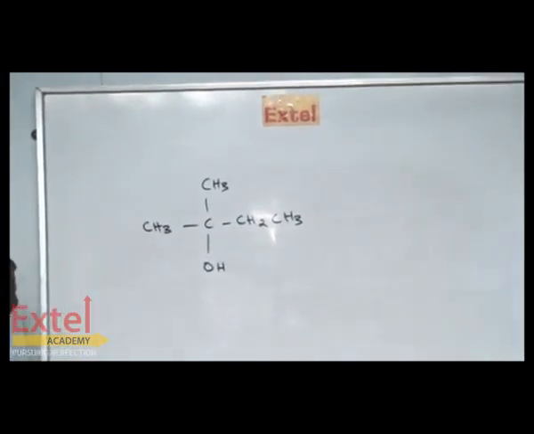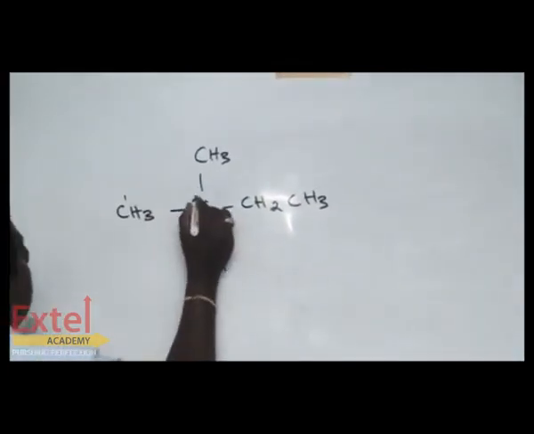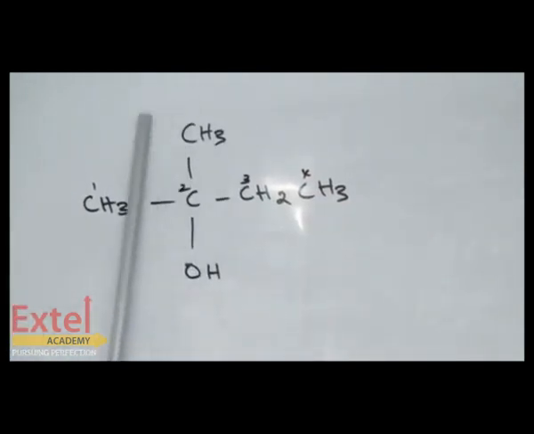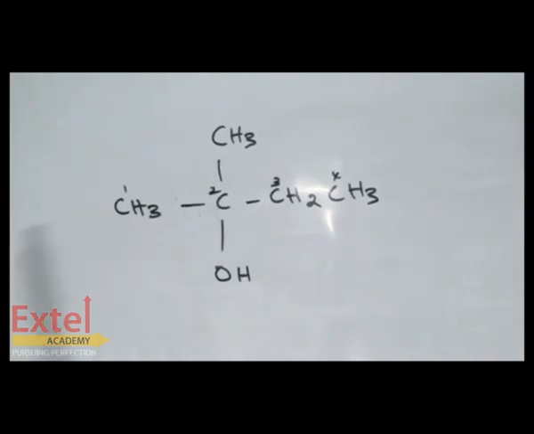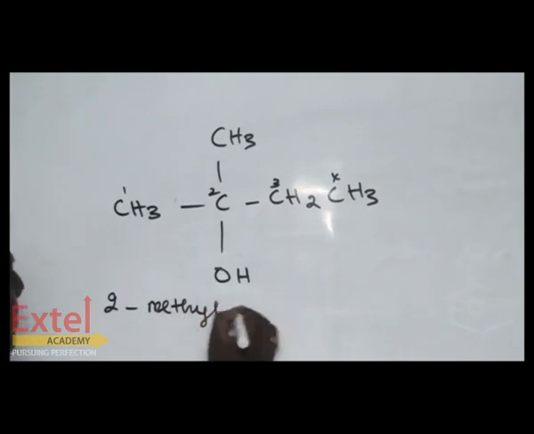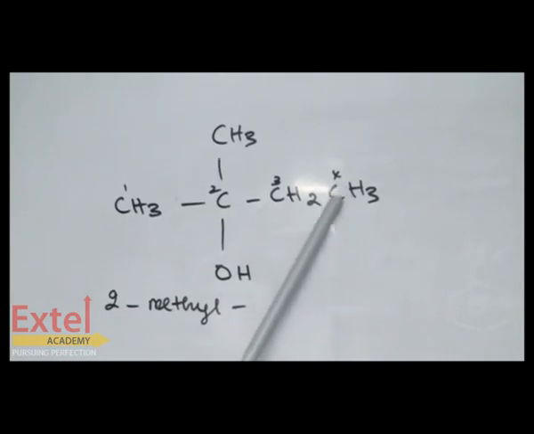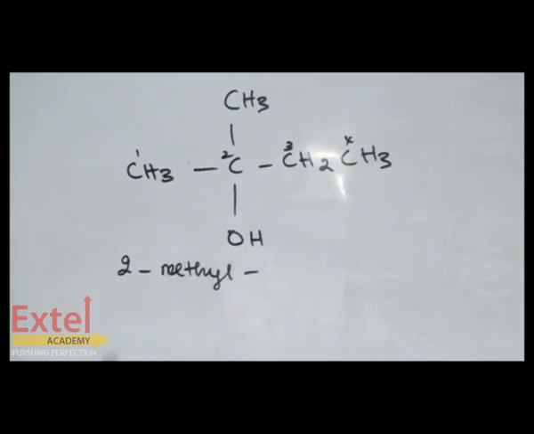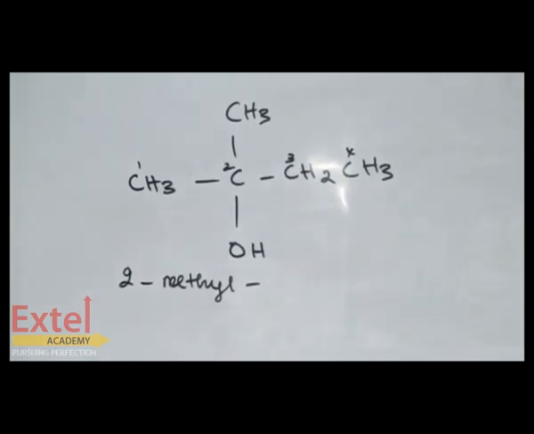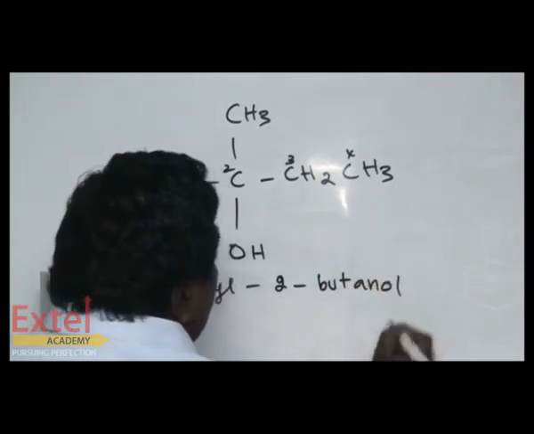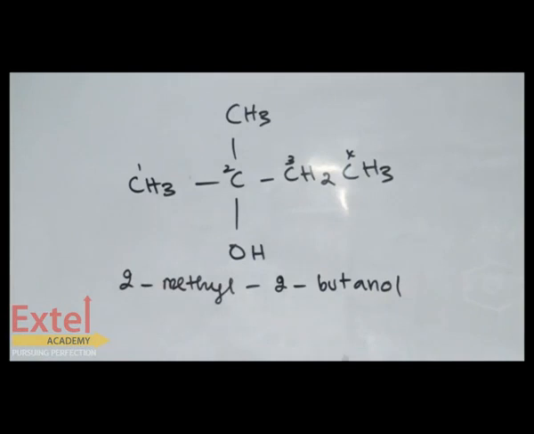It has to be counted like this: first carbon, second, third and fourth. A methyl group is connected with the second carbon, so it is called 2-methyl. Totally 4 carbons have been counted. 4 means butane. OH is there, so butanol. OH is connected with the second carbon. So its name is 2-methyl-2-butanol.